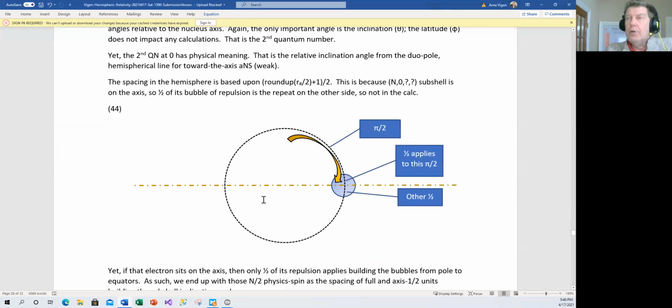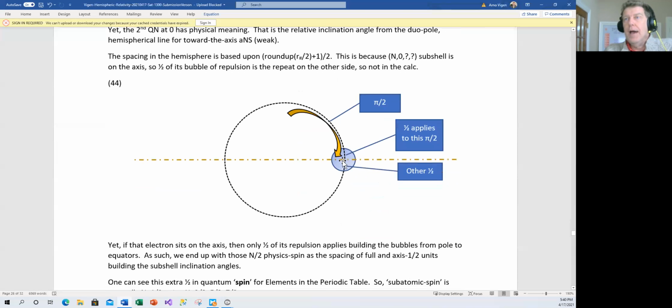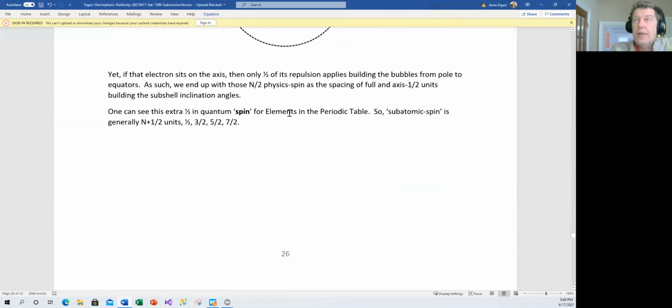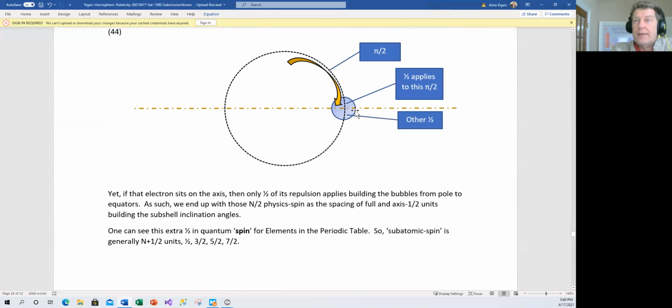All right, so how do you calculate this? You see, if you've got that subshell-s on the nucleostatic axis, only 1/2 of it is here. And this, of course, is a movement of 90 degrees in the hemisphere from pole to equator. So what we're doing then is another thing, and that is you end up with this extra 1/2. And that's called quantum spin, of how many units are there versus the inner layer of spin.